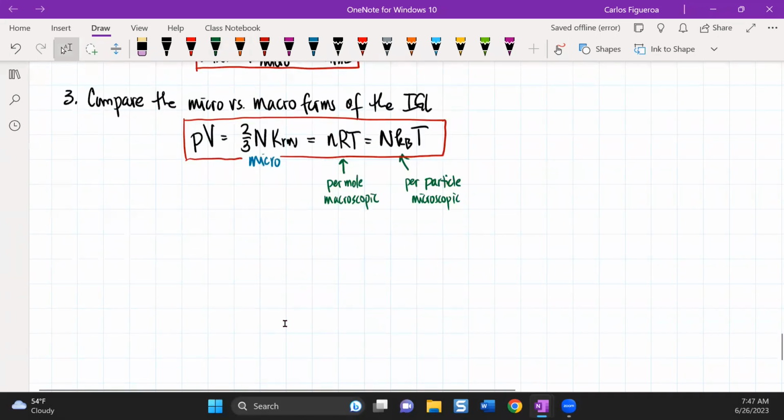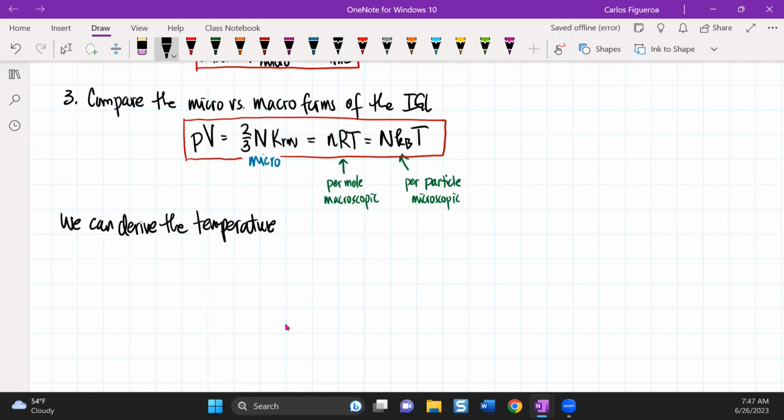So we can derive the temperature using these relationships.